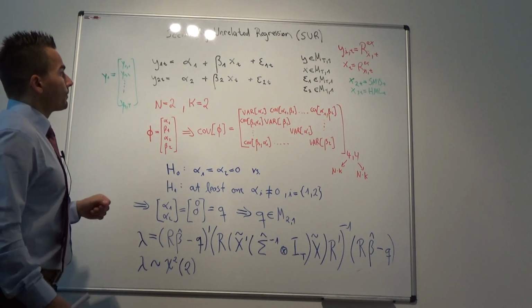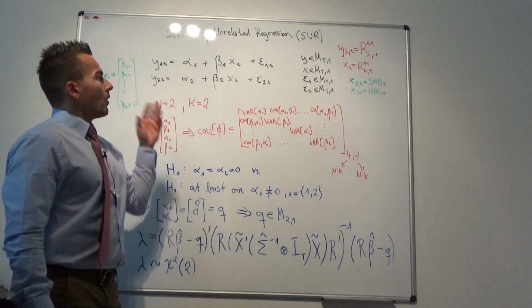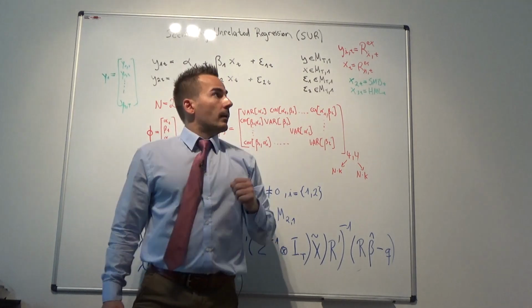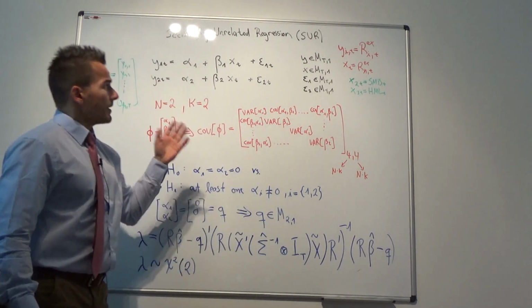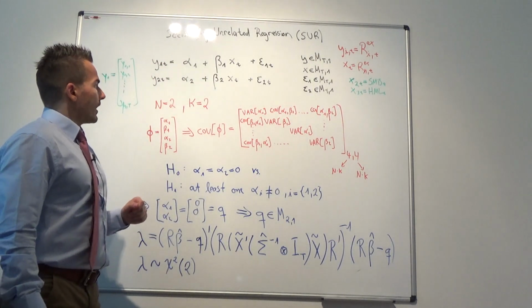Very simple. And of course also the residual terms, once we have estimated the model, will be T by 1 vectors having the same dimension as the dependent variables.